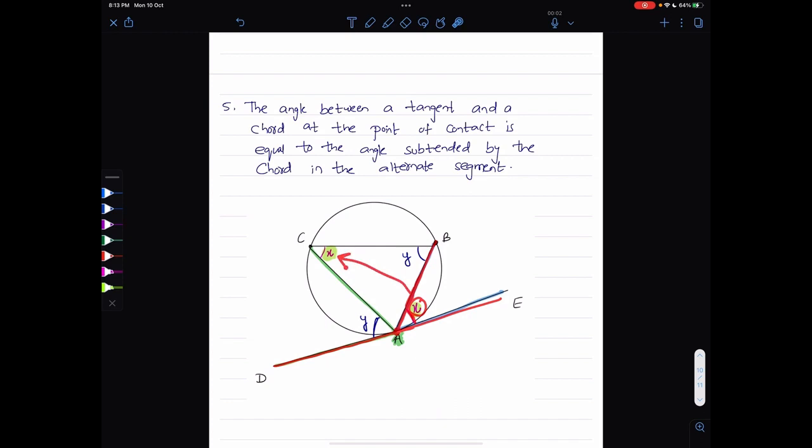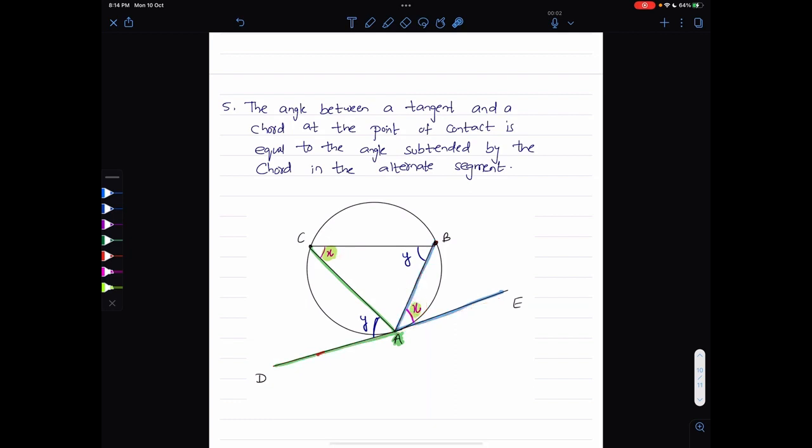And the angle in the alternate segment is ACB. That should have the same value of x degrees, because the angle between the tangent and the chord was x degrees. So the angle formed by the chord in the alternate segment should also be x.